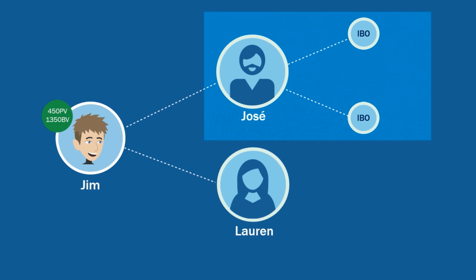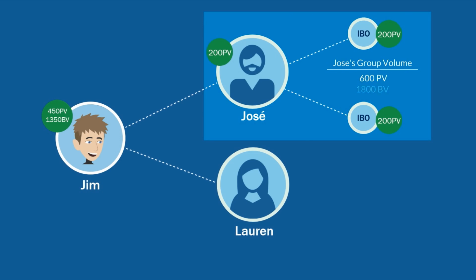For Jose, each of his downline IBOs achieved 200 personal PV through product sales. Since Jose also has 200 personal PV, his group PV is 600. Lauren generated 150 PV. When we add Jim's frontline volume plus his personal PV, we determine that Jim's group PV is 1,200.